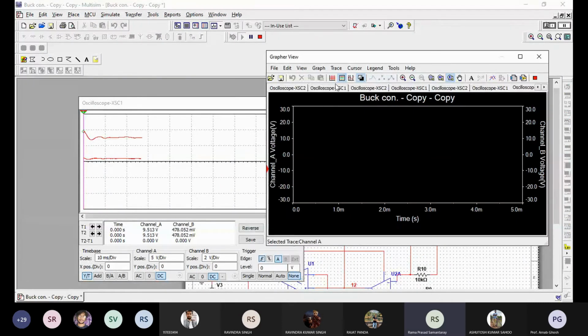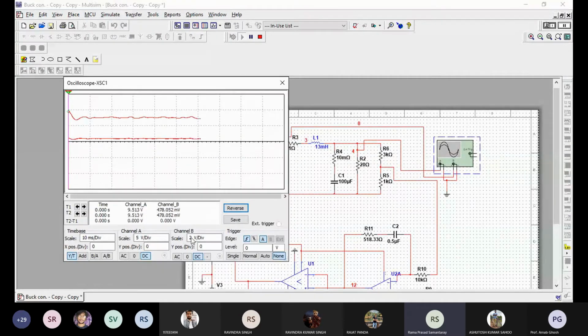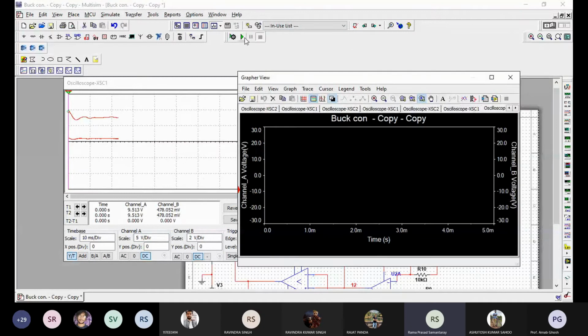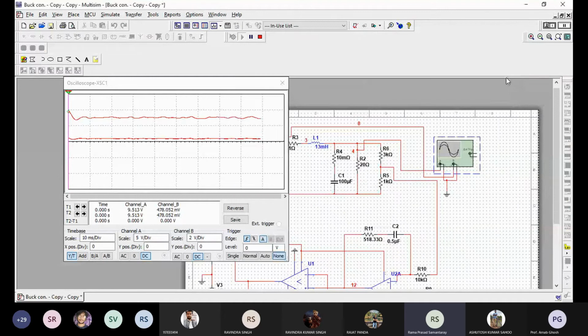You have to change the scale ratio. Using analysis you can do this.